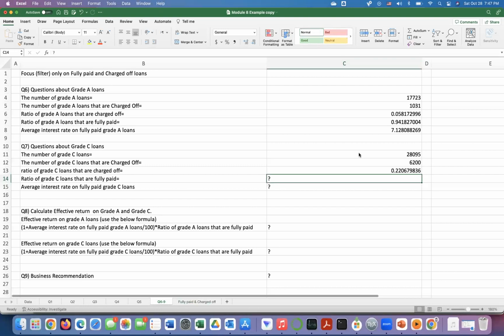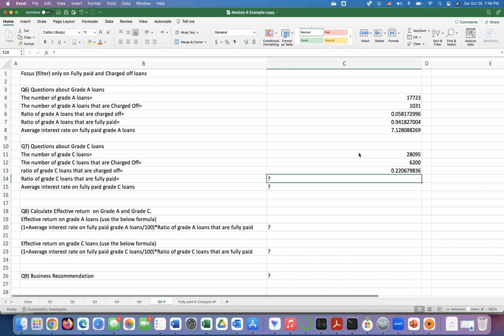Grade A loans, only 5.8% of them, for example, have this problem that they are charged off. But for grade C loans, 22% of them are charged off. It means people don't pay them back, yes?